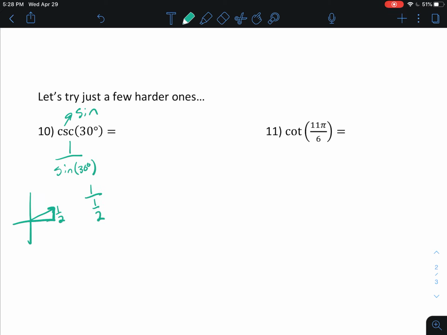So let's take a look at this next one. This next one is asking us for the cotangent of 11 pi over 6. So it's really saying, what is 1 over the tangent of 11 pi over 6? So then we have to decide, where exactly is 11 pi over 6? 11 pi over 6 is almost 12 pi over 6, so that means we're almost here.